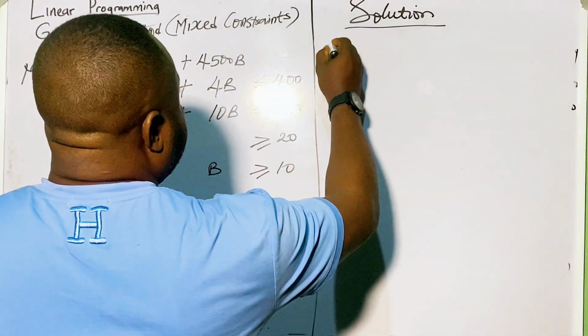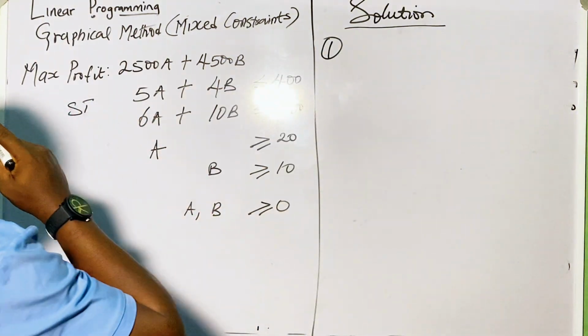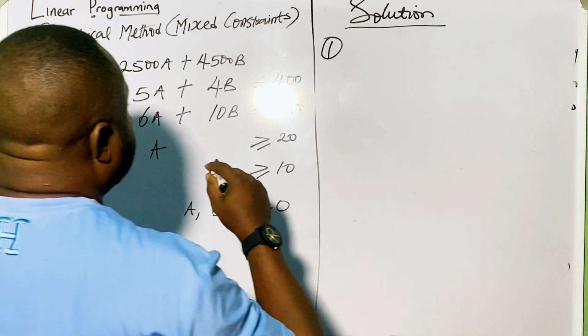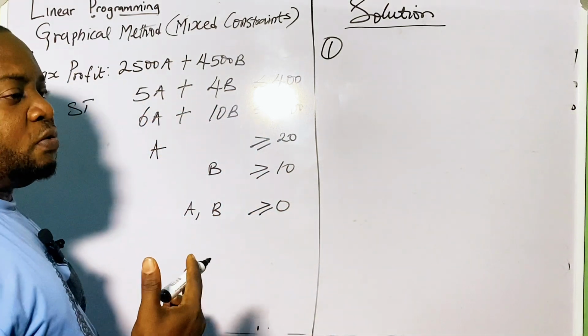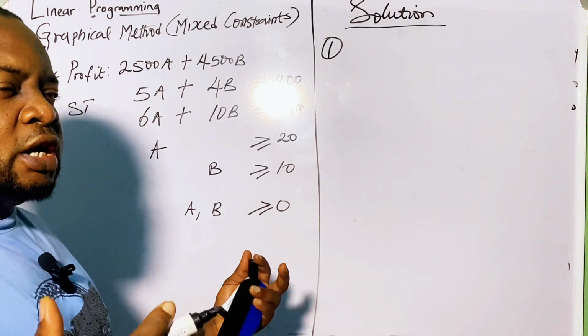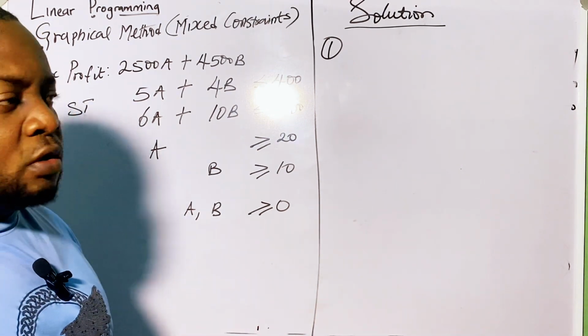So the first step will be to show the standard form, which basically is where we assume that both sides, the right hand side and the left hand side, are equal.